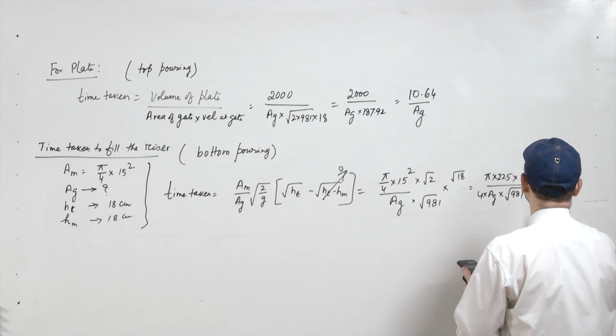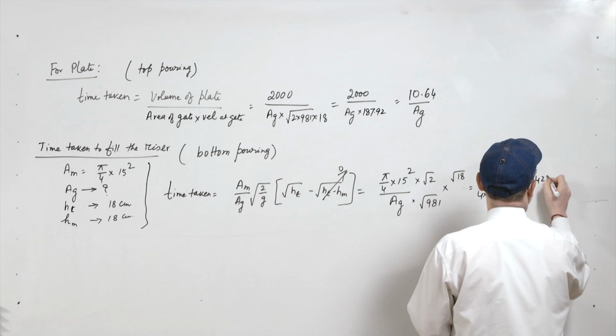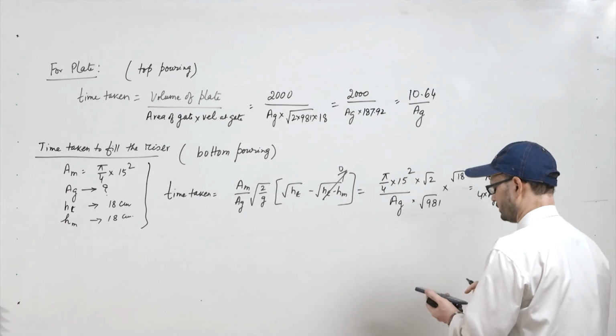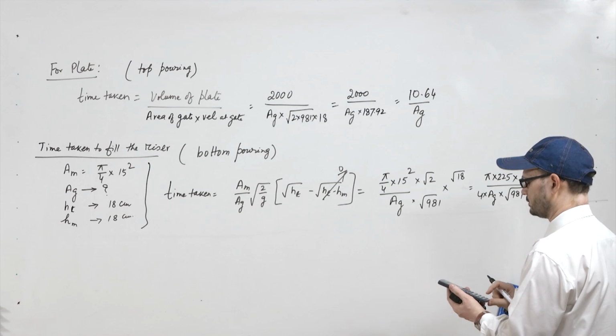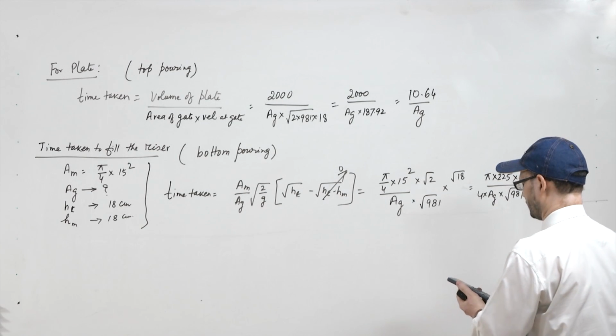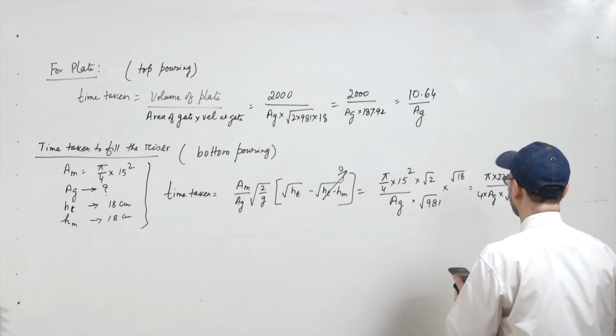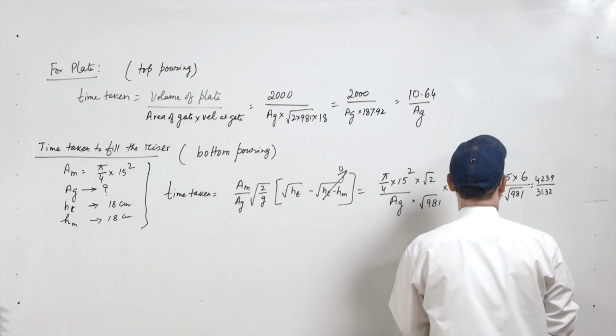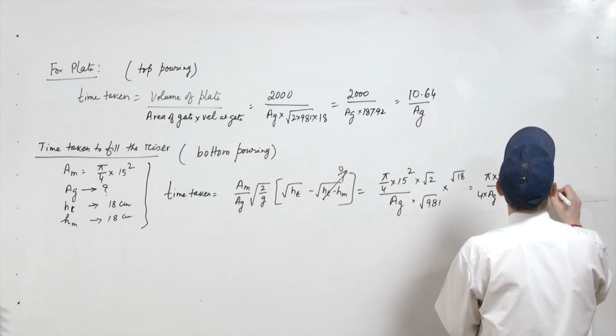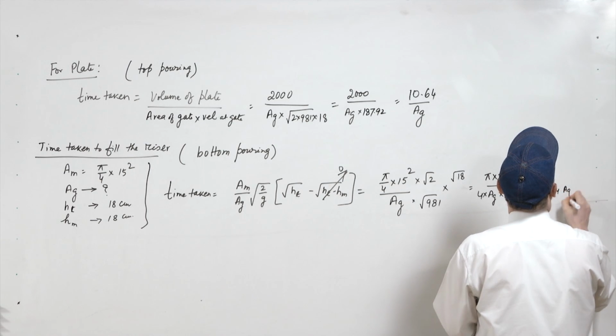So, that is 4239 upon under root 981, which will be 31.32, into 4 Ag.